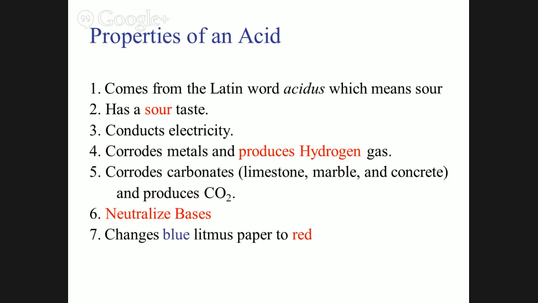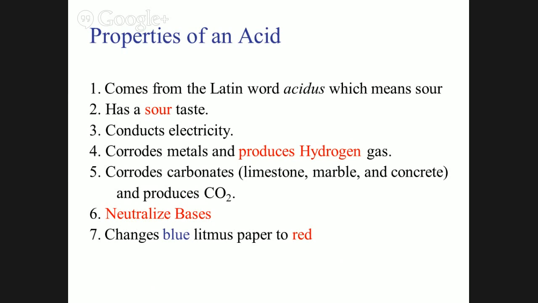Properties of an acid. Acid comes from the Latin word acidus, which means sour, such as lemons and limes, the sour taste in those fruits. Acids have a sour taste.